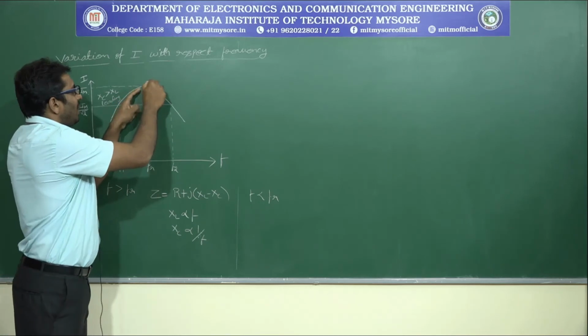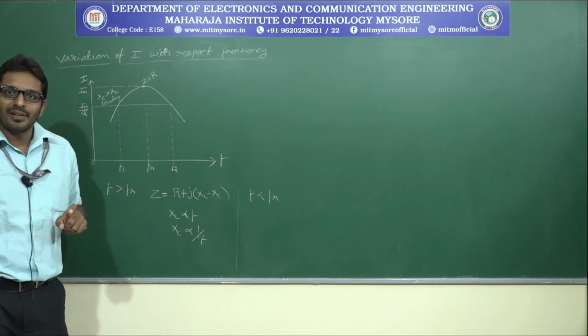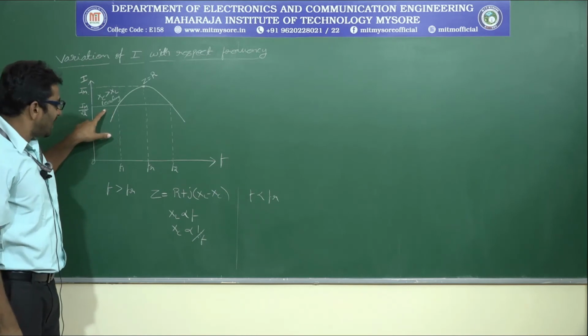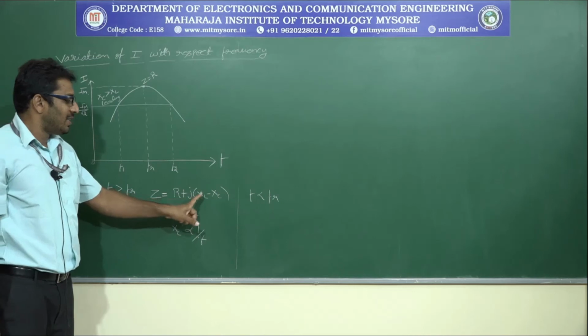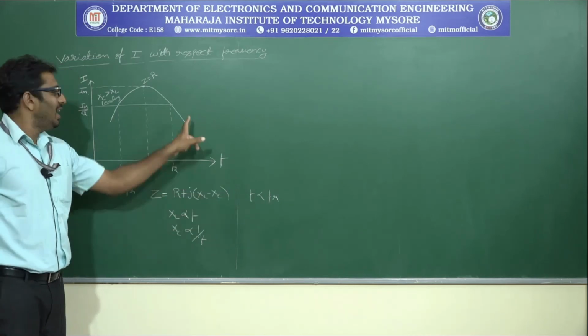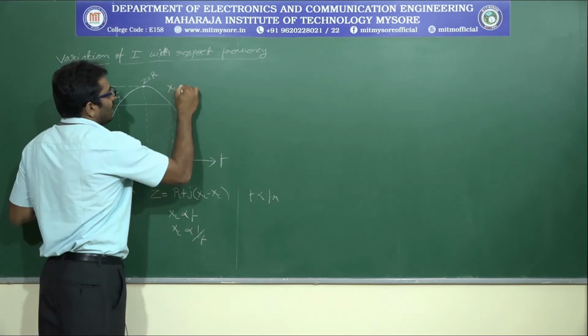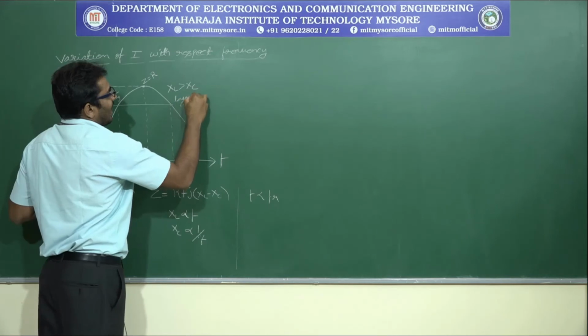At resonance, the impedance Z is equal to R. After this point, Z is equal to the square root of R square plus (XL minus XC) square. Here XL is greater than XC, therefore the current is lagging.